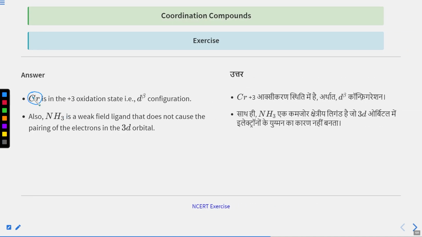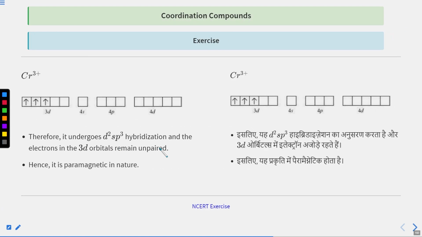Cr is in the +3 oxidation state and NH3 is a weak ligand. As I have told you, it is moderate, but since moderate can be on either side, here we have taken it as a weak ligand. So pairing does not take place, and the configuration looks like this. You can see clearly that there are unpaired electrons.